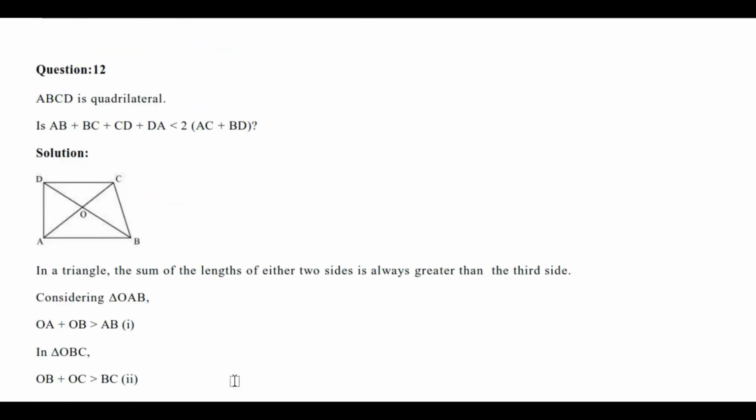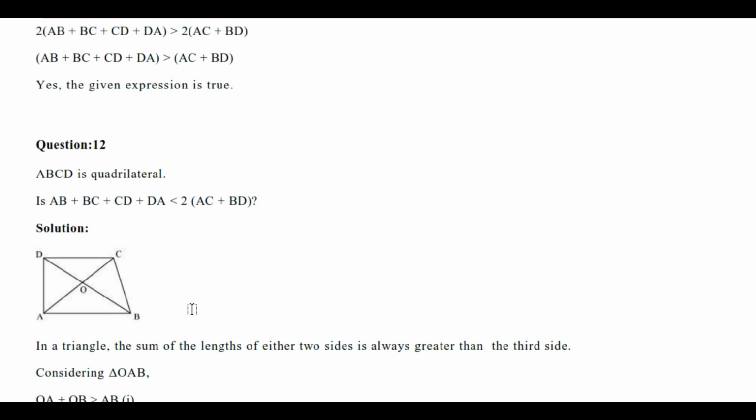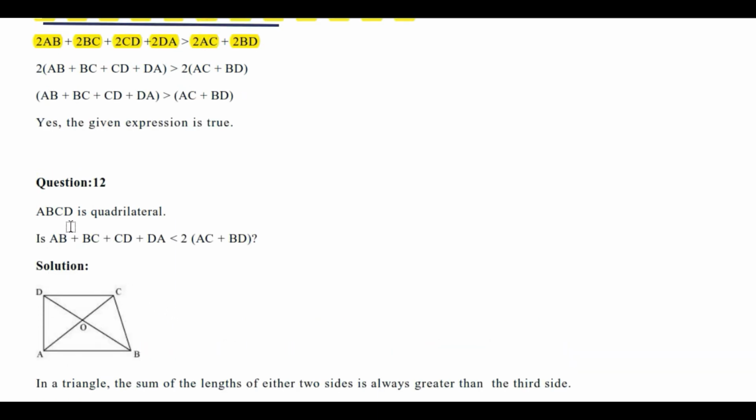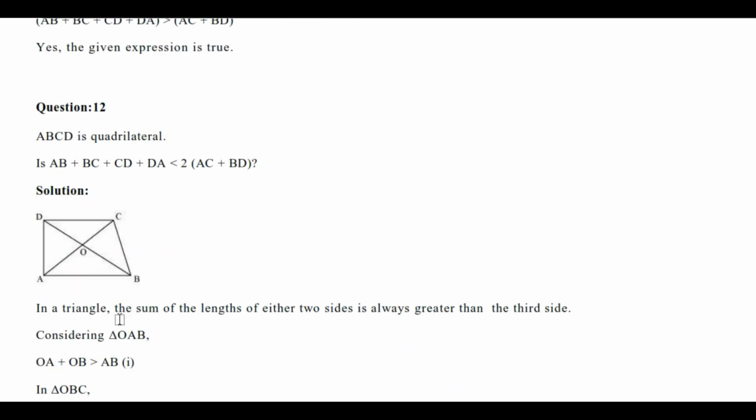Now question number 12. ABCD is a quadrilateral. Is AB plus BC plus CD plus DA lesser than 2(AC plus BD)? It states that the sum of all four sides of a quadrilateral is lesser than twice the sum of their diagonals. Okay, so here we will consider the triangles like this.